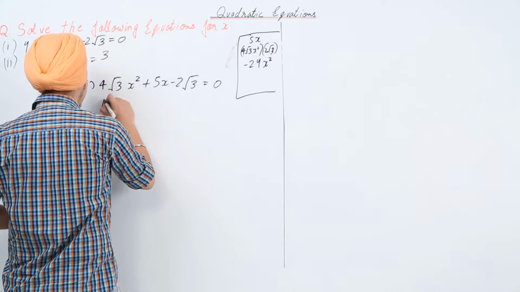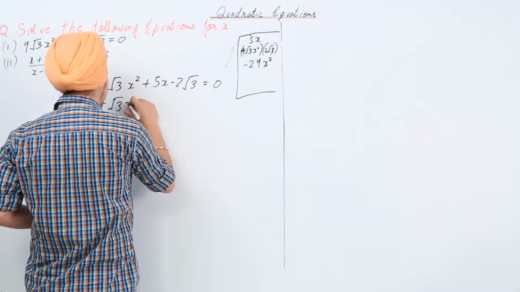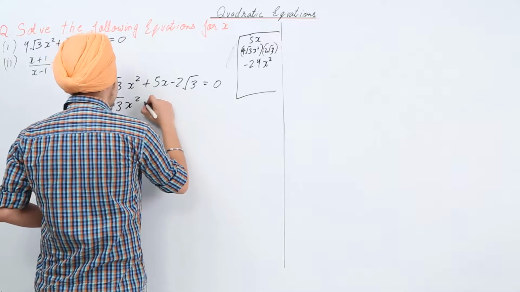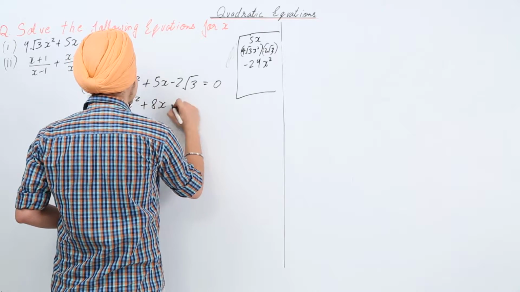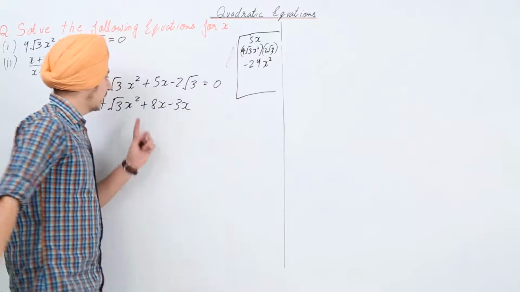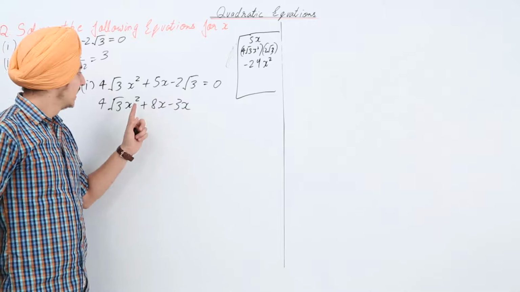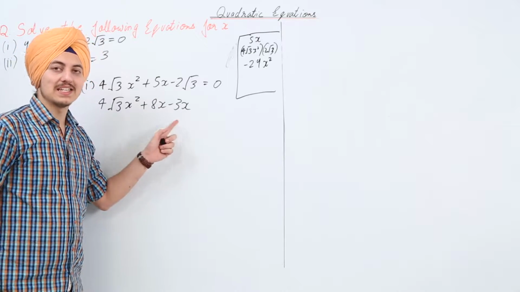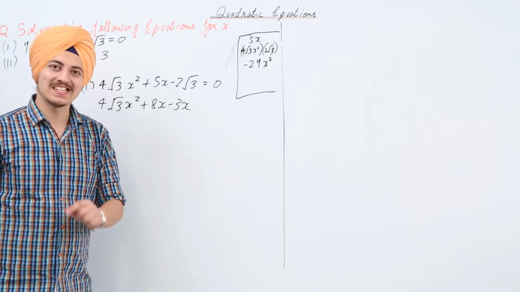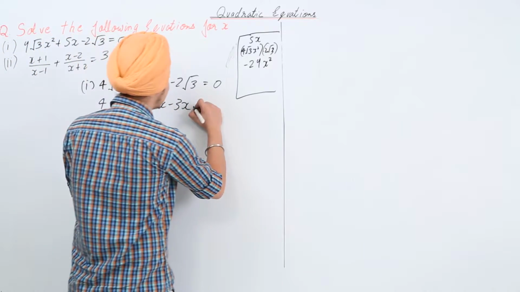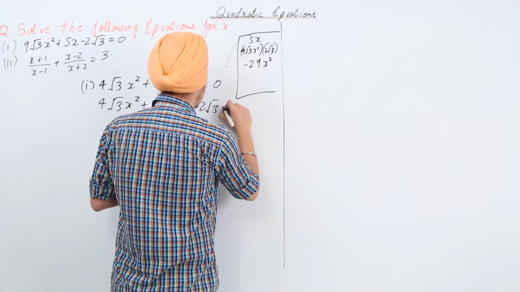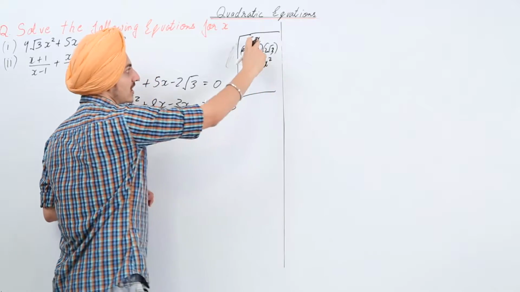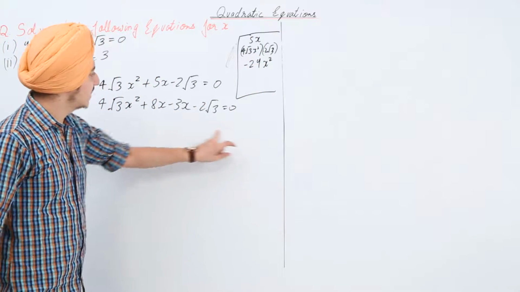So we write 4 root 3 x square plus 8x minus 3x. So 8x minus 3x is 5x. 8x into minus 3x is minus 24x square. So we get these two things satisfied.